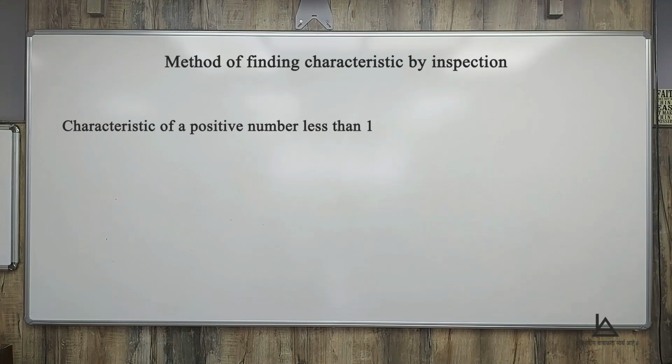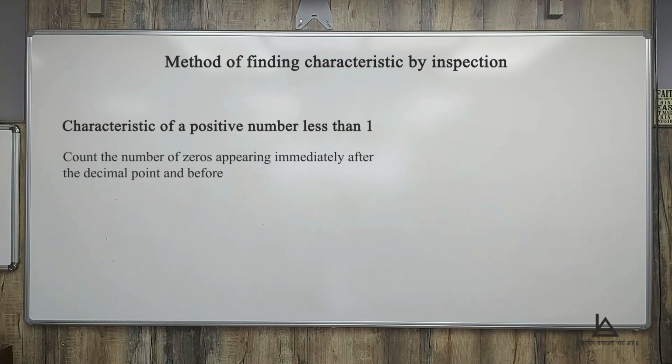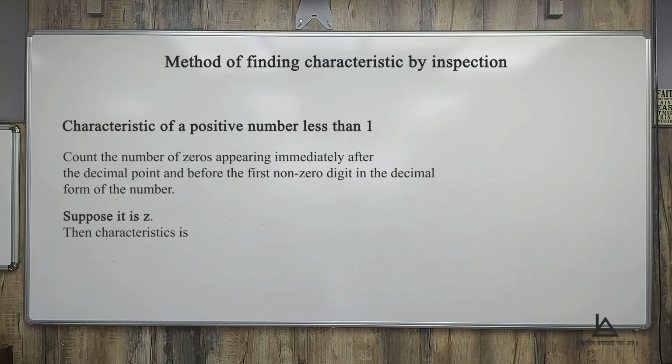Here the rule is: count the number of zeros appearing immediately after the decimal point and before the first non-zero digit in the decimal form of the number. Suppose it is z, then the characteristic is z plus 1 and is denoted by bar (z plus 1).